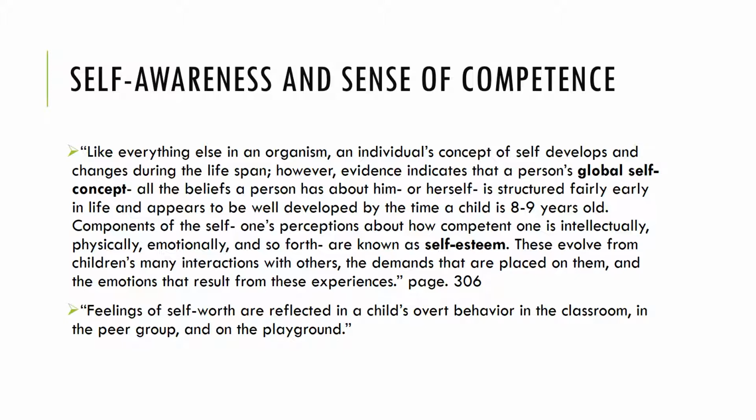One part of the book on page 306, it says, feelings of self-worth are reflected in a child's overt behavior in the classroom, in the peer group, and on the playground. If you see a kid that knows he's not doing so great, or he's not as good at kickball as the other kids, maybe he thinks he's not a fast runner, or there's a little girl who doesn't enjoy coloring as much as some of the others.